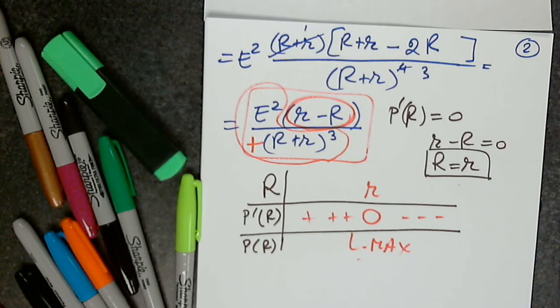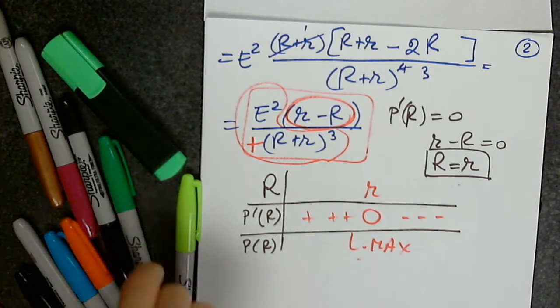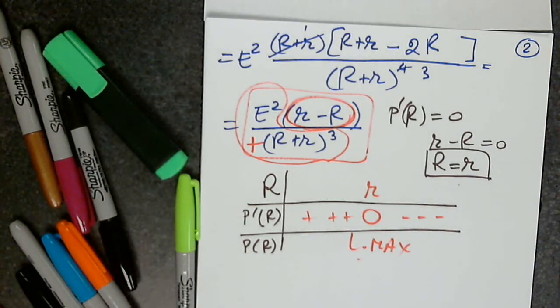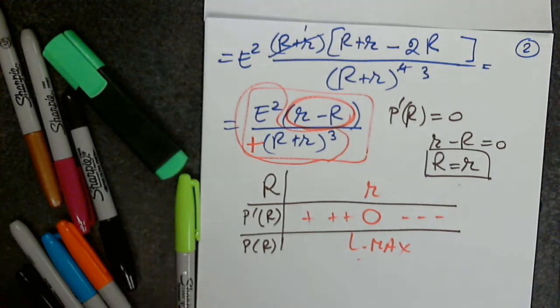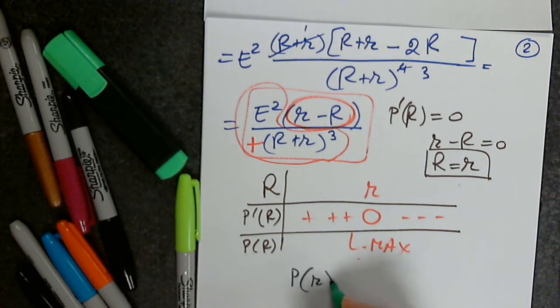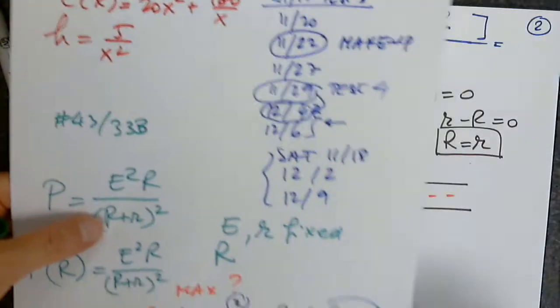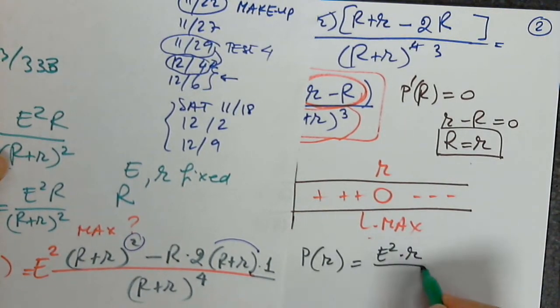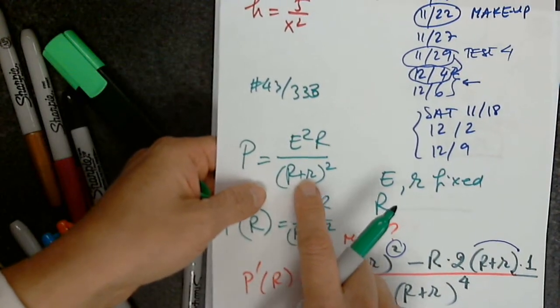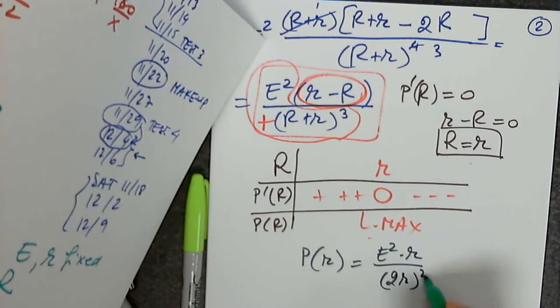So when uppercase R equals the lowercase r, the internal resistance, then the power is the maximum. What is the maximum? If I'm asked to determine that, and I am, all I have to do is replace uppercase R by lowercase r. So I have P of lowercase r. I have E squared times r over (r plus r) squared, which is twice r squared.